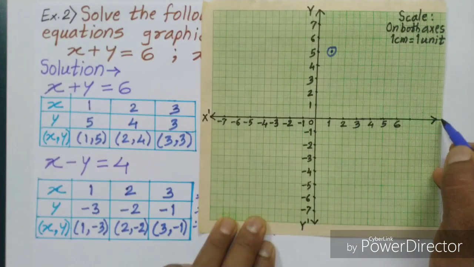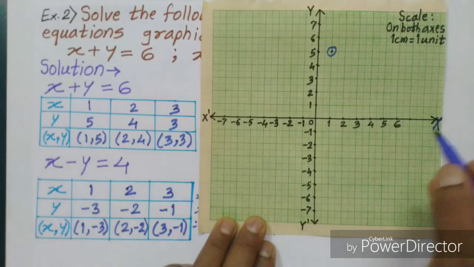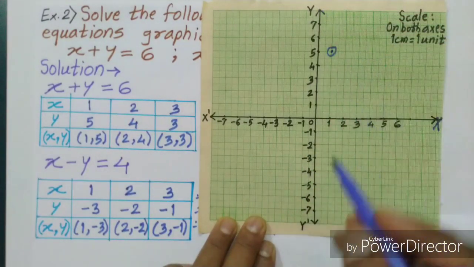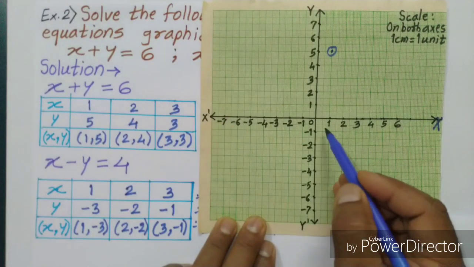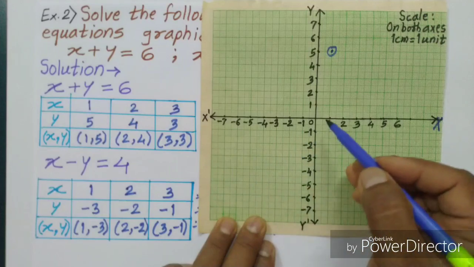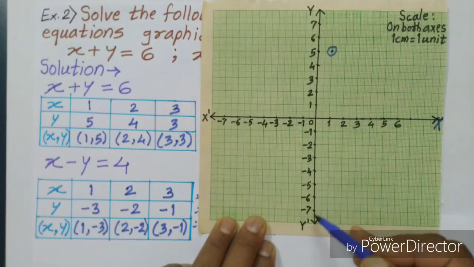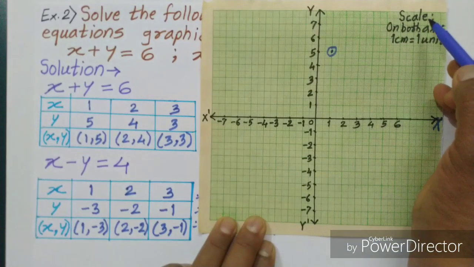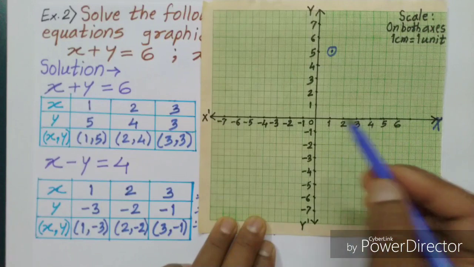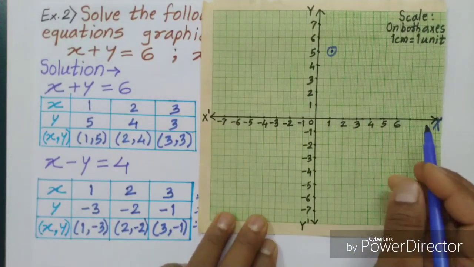The horizontal line is x-axis x, and on the left side x dash, y and y dash. Right side is positive, left side of the x-axis is negative, upper side of the y-axis is positive, lower side of the y-axis is negative. The scale we write here. On both axes 1 centimeter is equal to 1 unit.